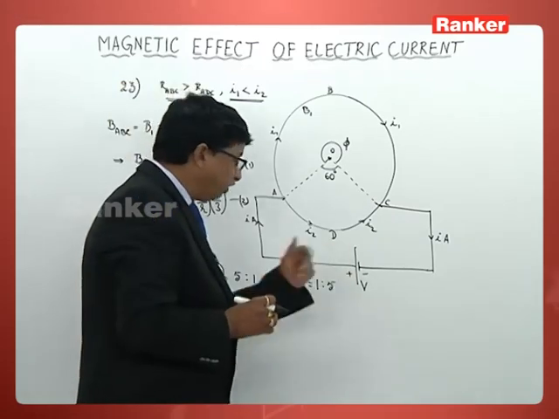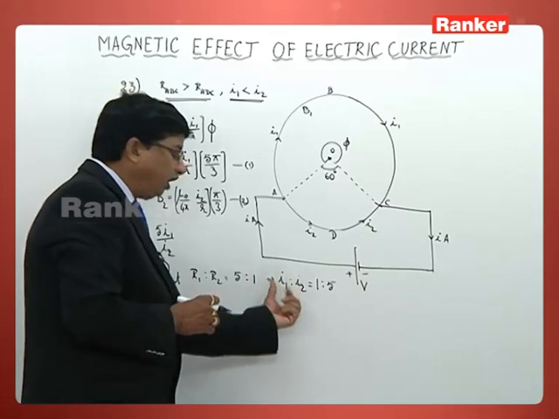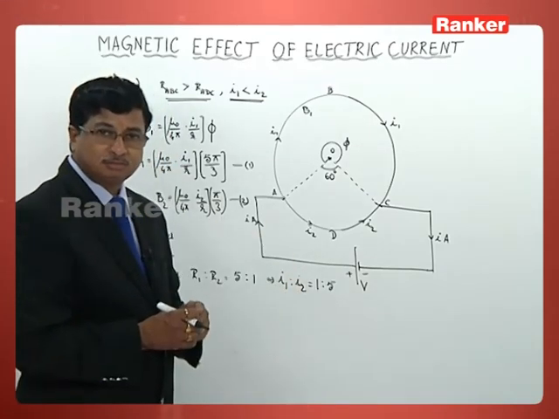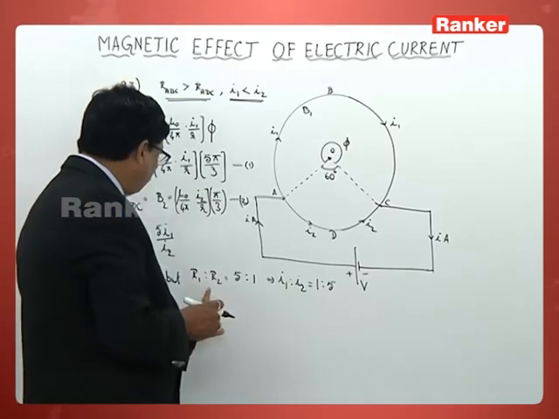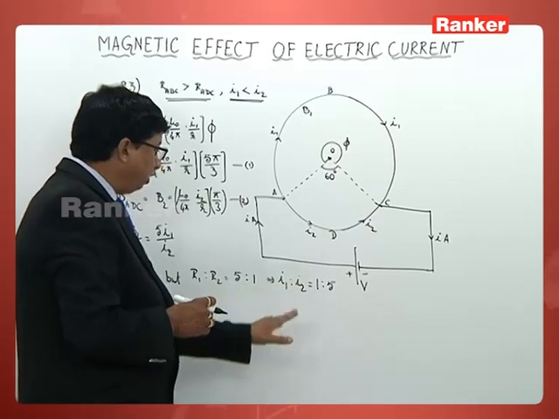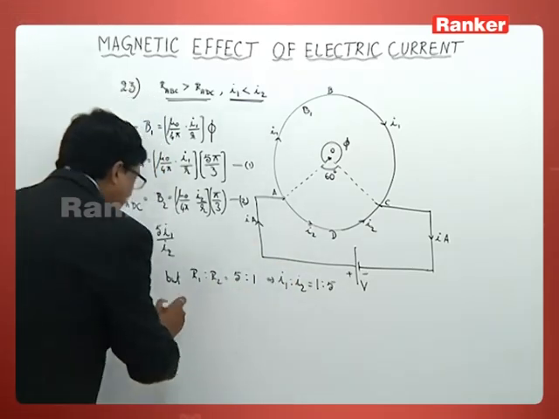When potential difference remains constant, automatically we can write the current ratio will be the reverse ratio of resistances. So R1 is to R2, when I write 5 is to 1, I1 is to I2 will be 1 is to 5. Substitute that value over here please.